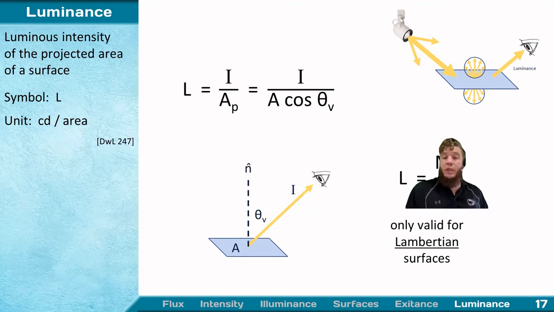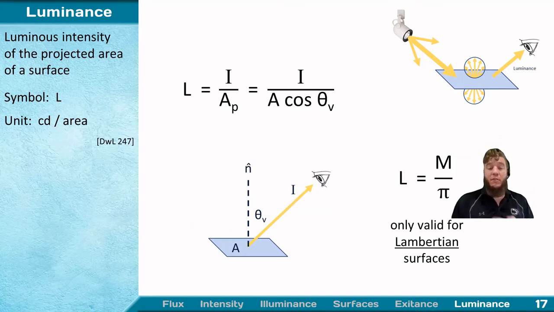We can also relate luminance to exitance, and luminance and exitance are going to be related by pi. Now, pi is actually, in this case, the solid angle, right? Because remember, the difference between intensity and flux is the directionality, or a specific solid angle.